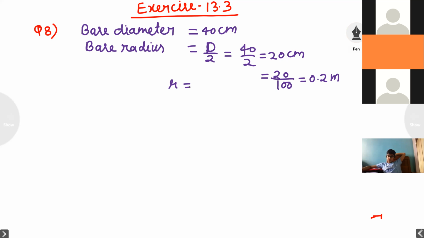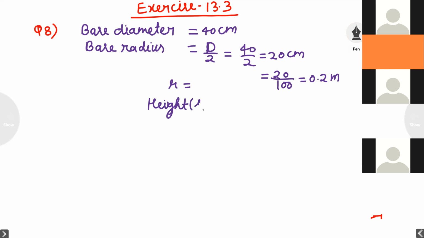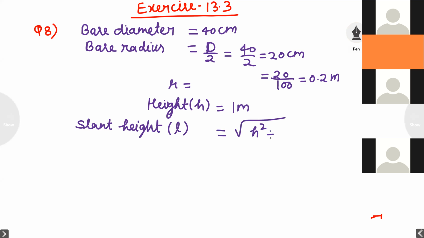Next, height he has given. Height small h is equal to 1 meter. Now, firstly, I wanted to find out slant height. Slant height l is equal to square root of h square plus r square.